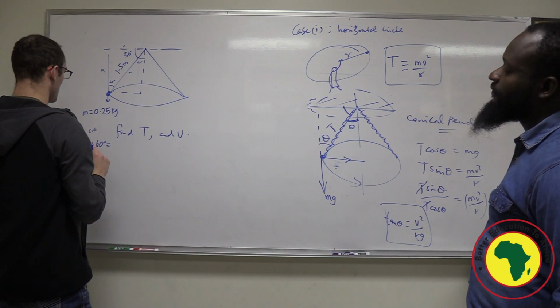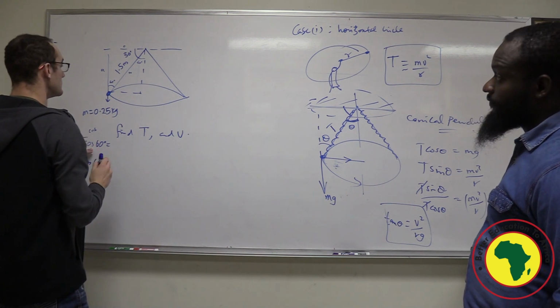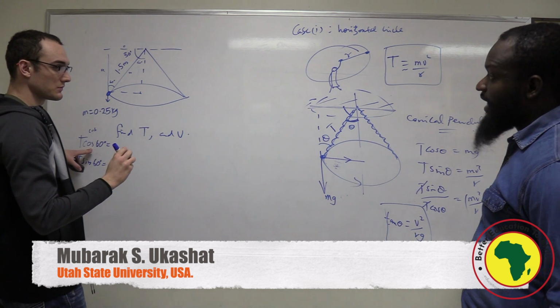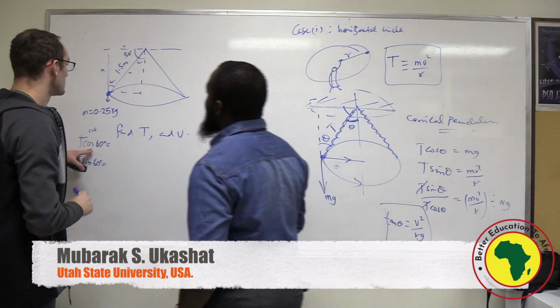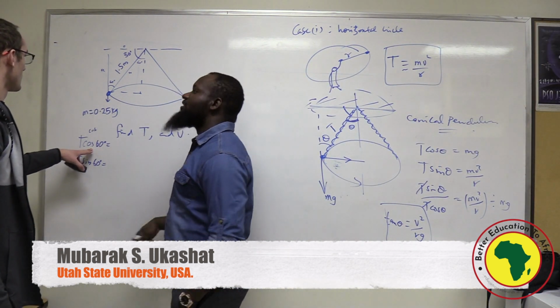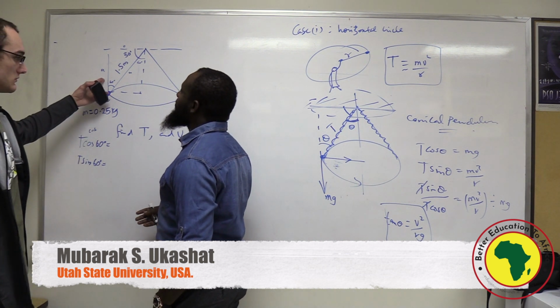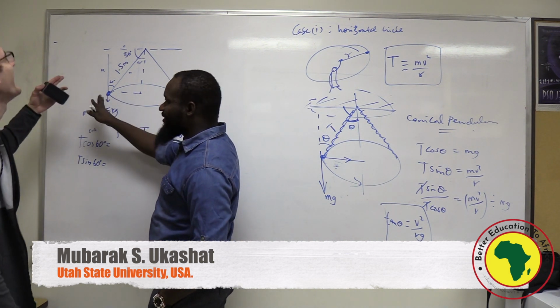So T cosine 60 is either horizontal or vertical, and T sine 60 is either horizontal or vertical. Which is which? It's the vertical, not horizontal.